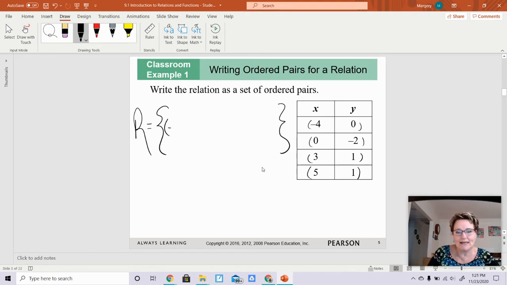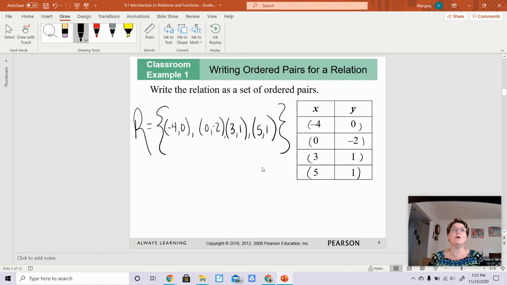So I'm going to write it as (-4, 0), (0, -2), (3, 1), and (5, 1). So you have 4 points and that is a relation.